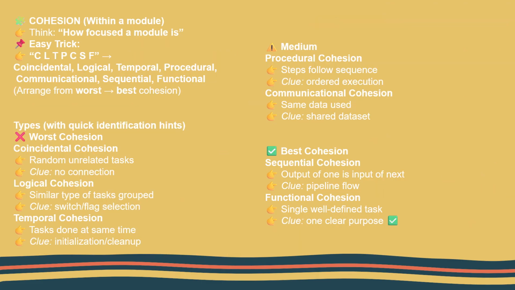Now, the next topic is cohesion. Before starting cohesion, I want you all to write down something. Please write this down. One is your subclass coupling, which describes the relation between child and parent.